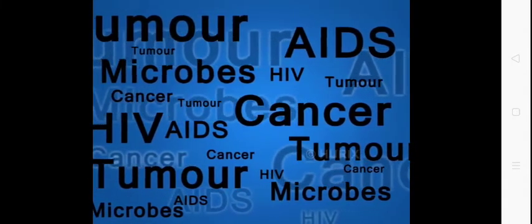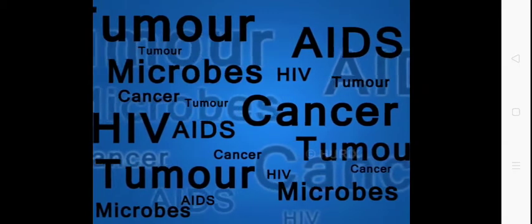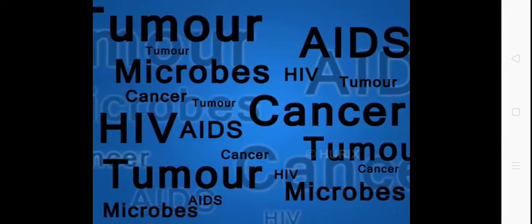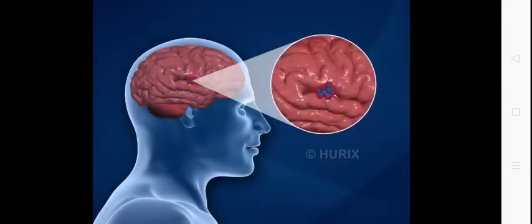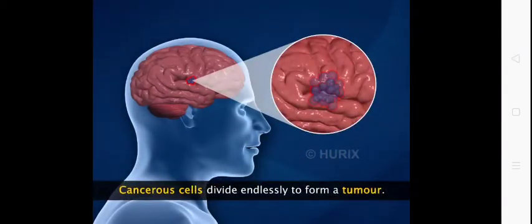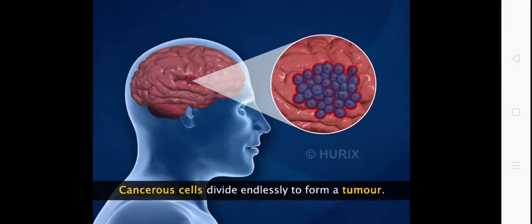Cancer, HIV, and other significant threats to human health operate at the cellular level. For instance, a cancerous cell gets out of control and keeps dividing endlessly. This results in a tumor.